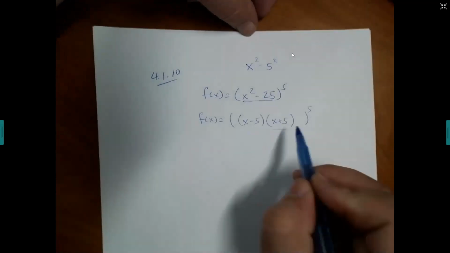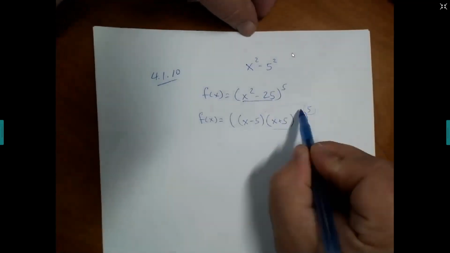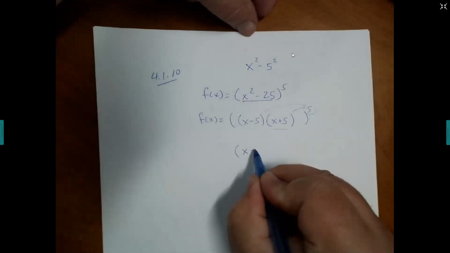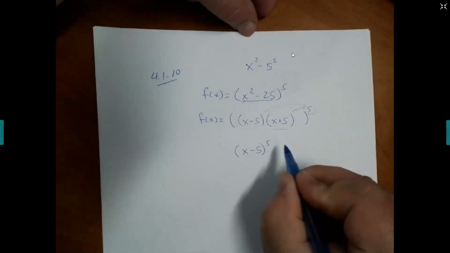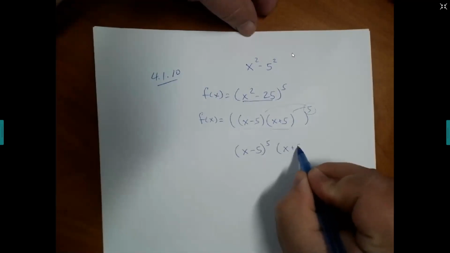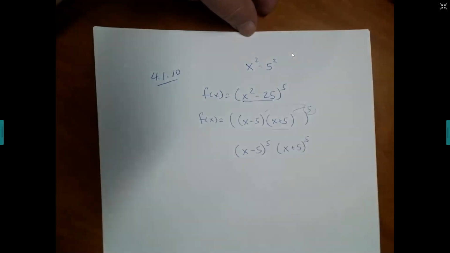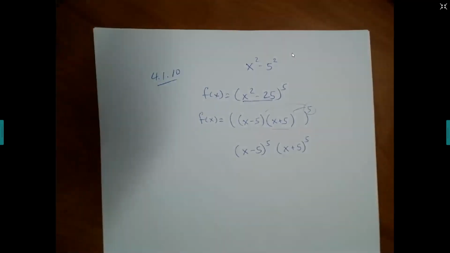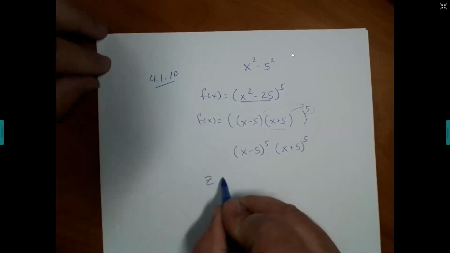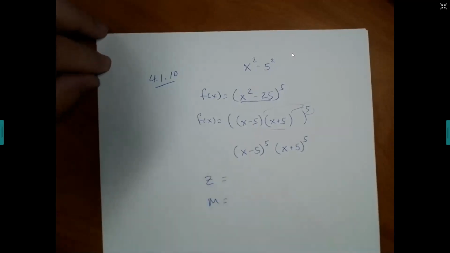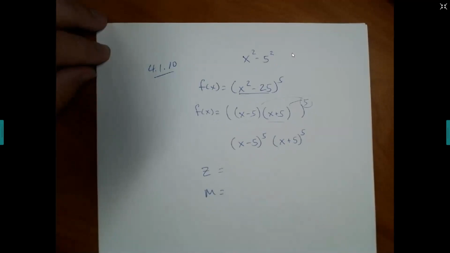And since these two are multiplied to each other, I distribute that exponent to both of them. So the zeros and multiplicities are where?